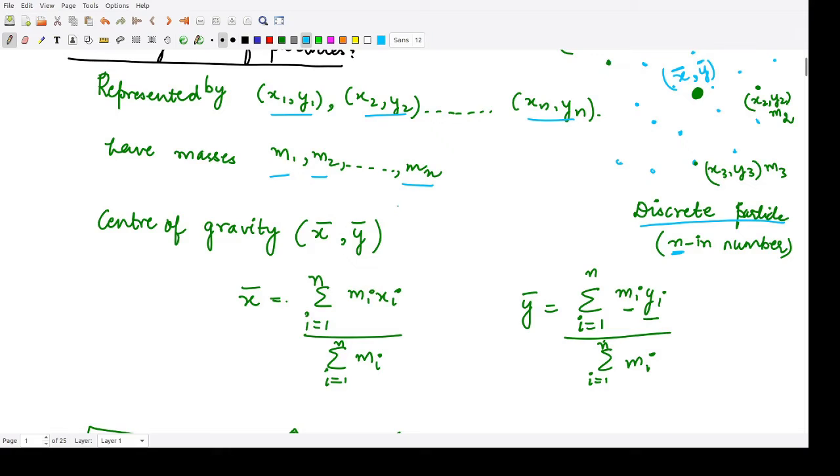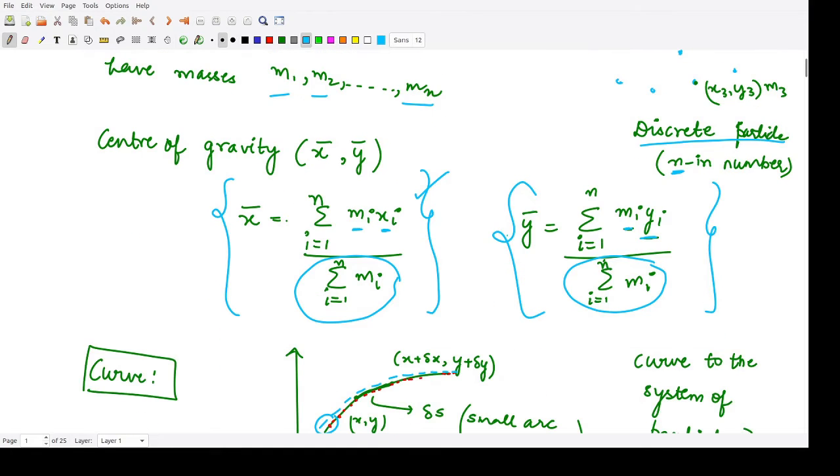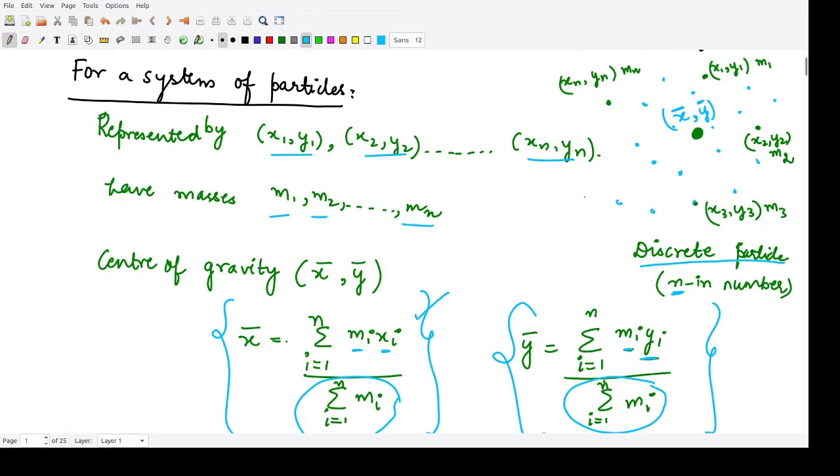Now the center of gravity for that system, the x coordinate, is given by this expression: the sum of masses multiplied by the x coordinates divided by the total mass, and the sum of masses multiplied by the y coordinates divided by the total mass gives the y coordinate. So this is the simple definition when we have n number of particles.